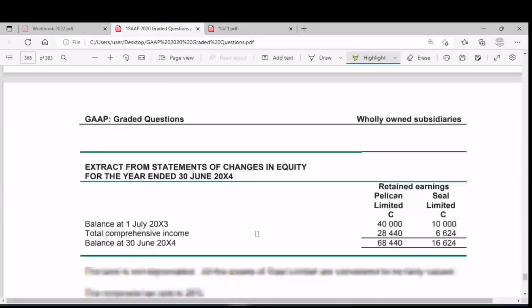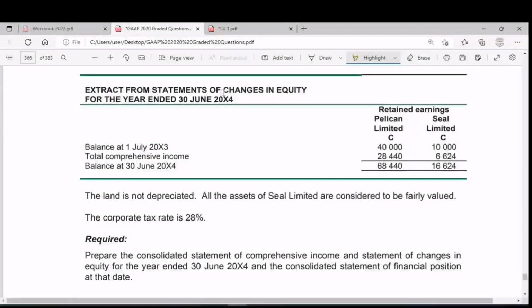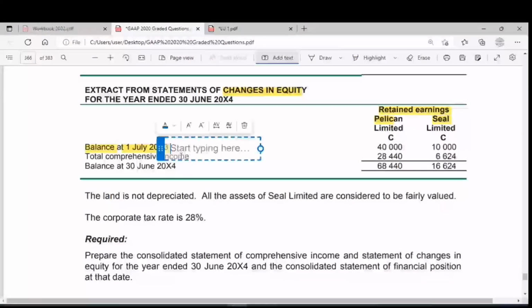And then Masnigers again the statement of changes in equity. So this is the changes in equity statement. So we call them retained earnings for both companies, Pelican, uSeal Limited ngala. So ibalance le ngomhla 1 July 20x3. Guys, khumbula ukuthi umhla 1 July 20x3 iyona acquisition date leya. So kumele signote lokho.